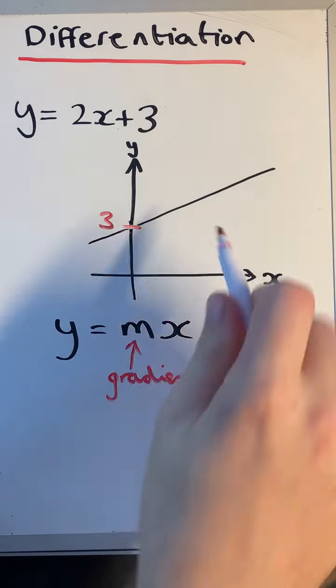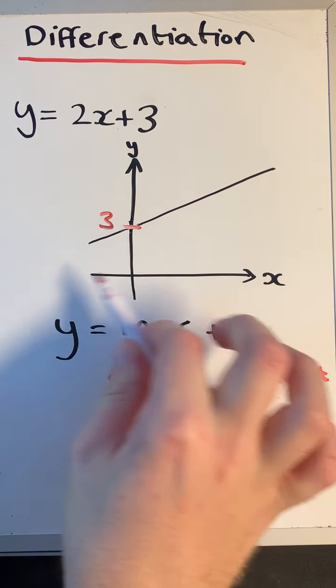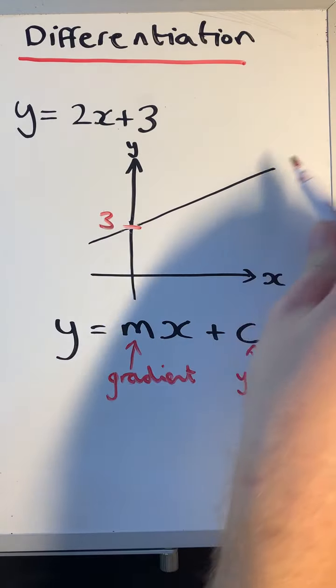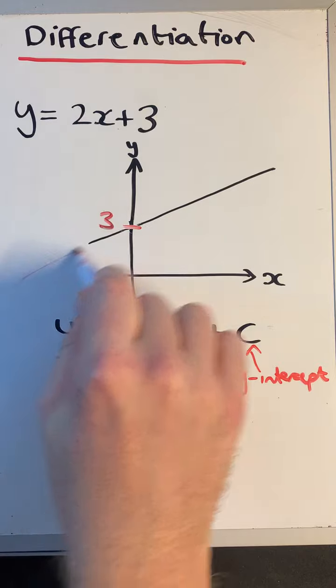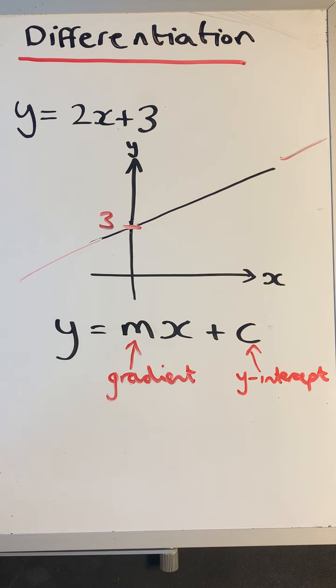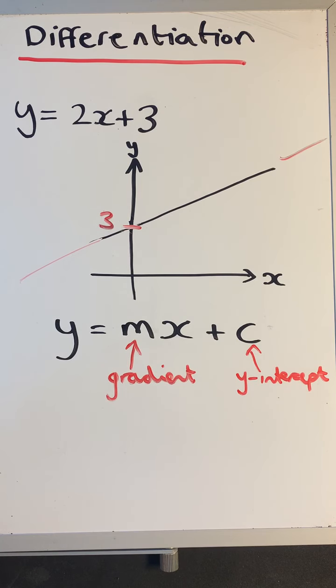Of course, this gradient doesn't change because of the nature of this function being a linear function. This is a straight line, so I could extrapolate this even further along, and the gradient would be 2 all along this function.